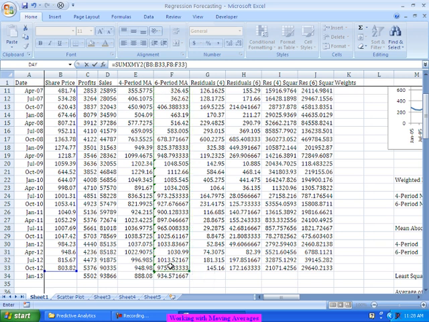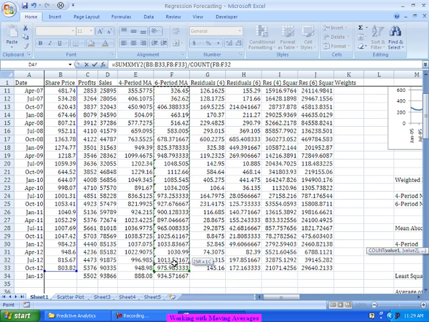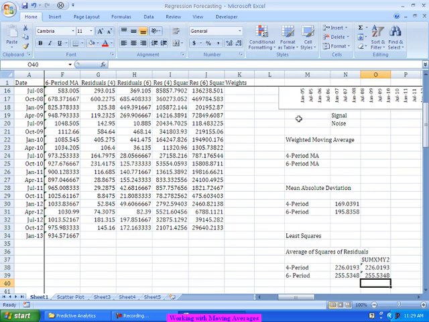This gives me x minus y whole squared and the summation of all that, and I will divide it by the total count of how many values there are. In this case, because we have a 6-month moving average, these are the values we have considered, and this entire thing I will put under a square root. So this will automatically compute the error for my 6 period moving average.